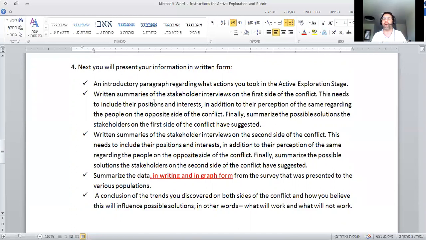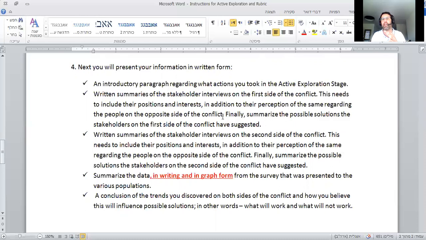You're going to present your findings, one side of the conflict, and then the other side of the conflict. Written summaries of the stakeholders' interviews on the first side of the conflict. This needs to include their positions and interests, in addition to their perception, what they think of the people on the opposite side of the conflict.